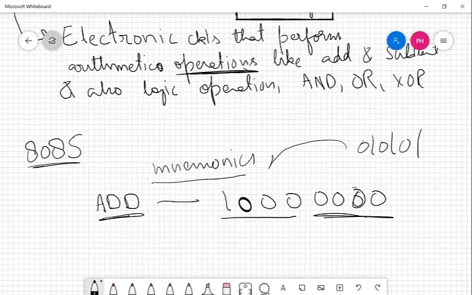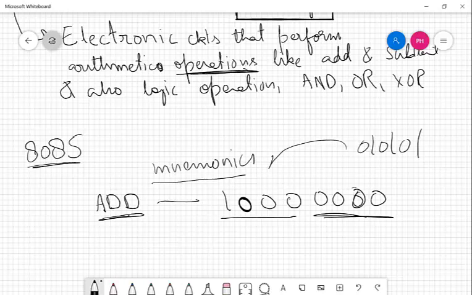But since it is easy for us to write the programs using these mnemonics, we often use them, and this type of language is known as assembly language. Both machine language and assembly language are microprocessor specific. If we are doing programming for the 8085 microprocessor, we have a certain set of mnemonics.